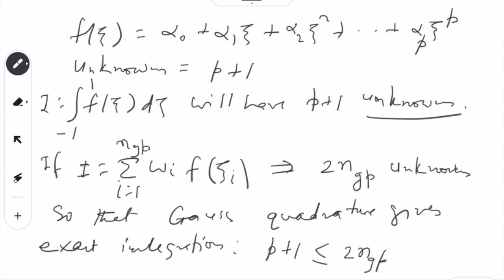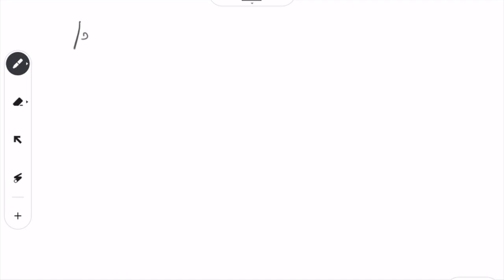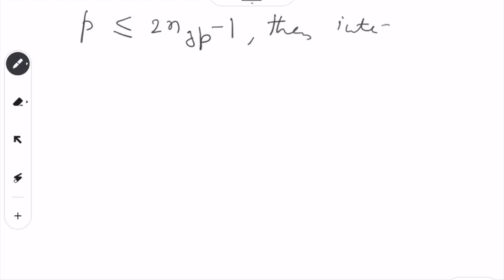If you have more points than required, then it will calculate the integration. So basically the p value you can find out. If p is the order of the polynomial, and p is less than or equal to 2 NGP minus 1, then the integration is exact. If this condition is not matching, then the integration may not be exact. There may be some error.